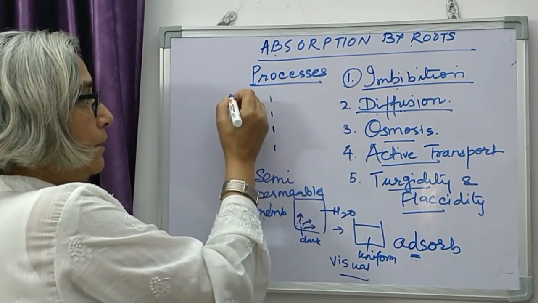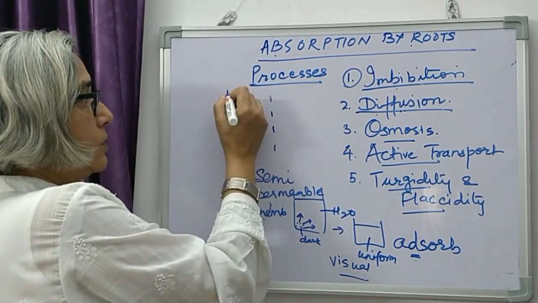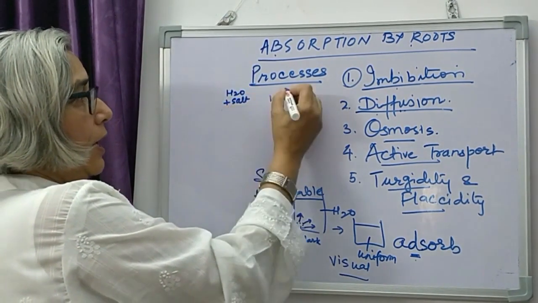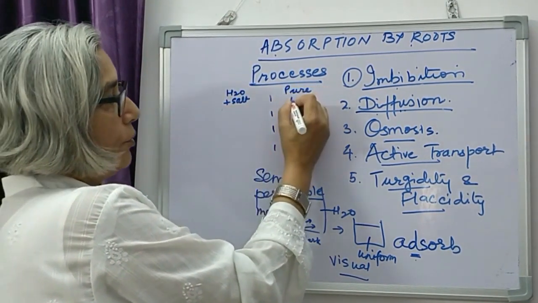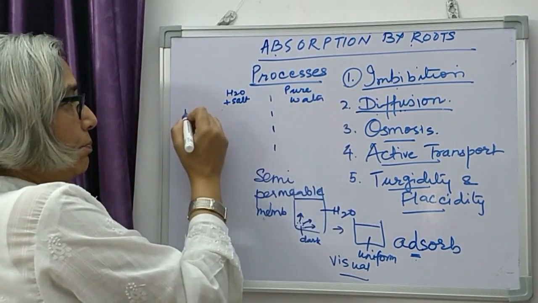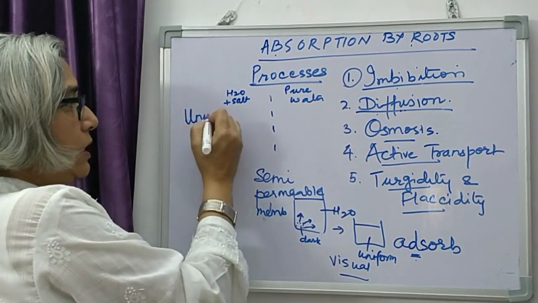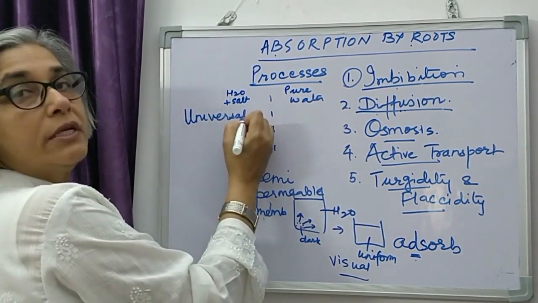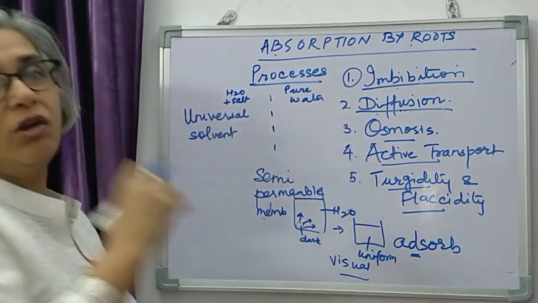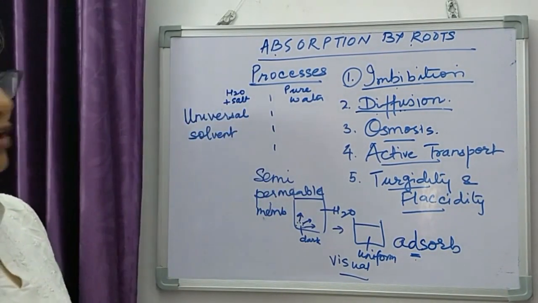Suppose I say this is water with salt dissolved in it, and this side we have pure water. Water, you know, is a universal solvent. Universal means almost everything can dissolve in water.